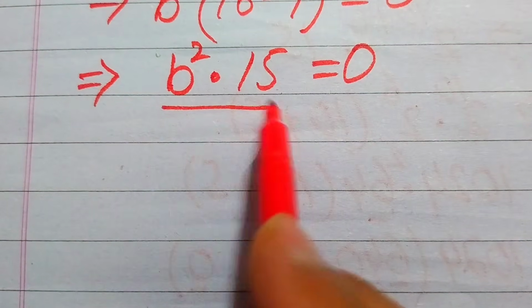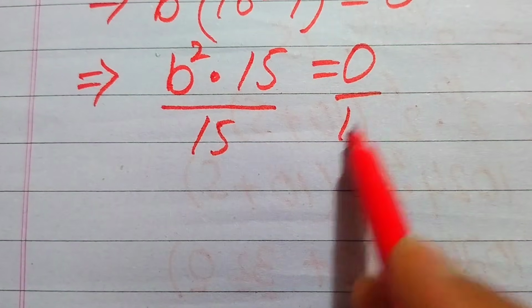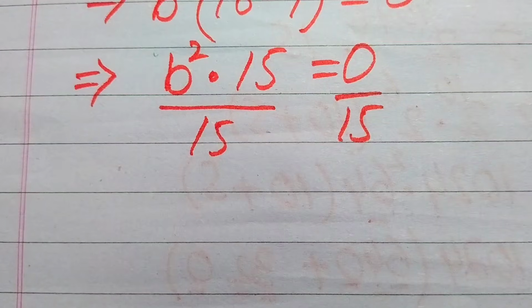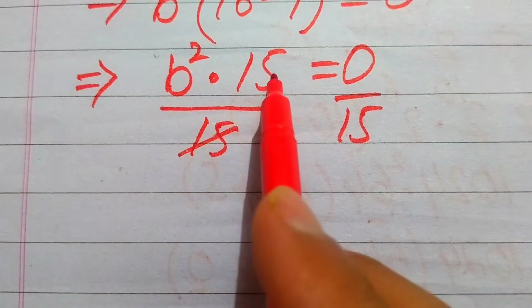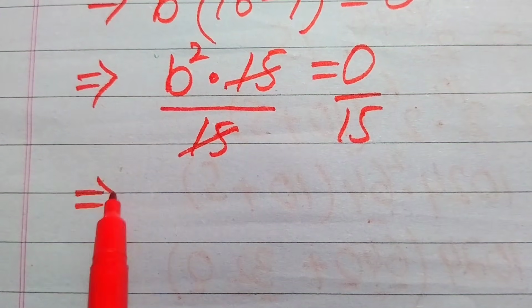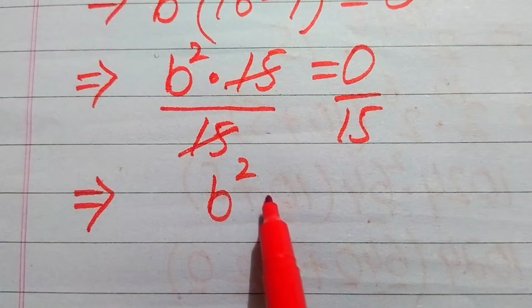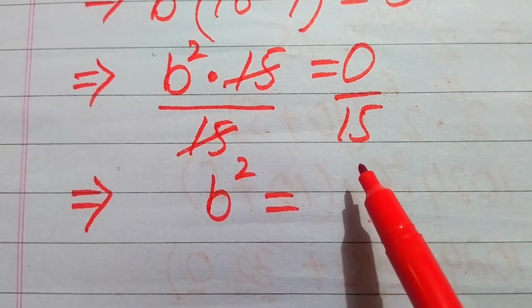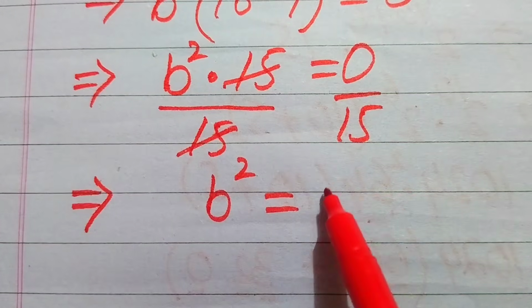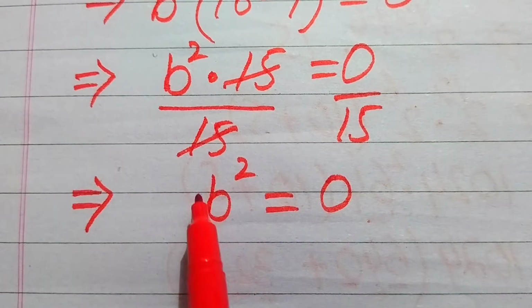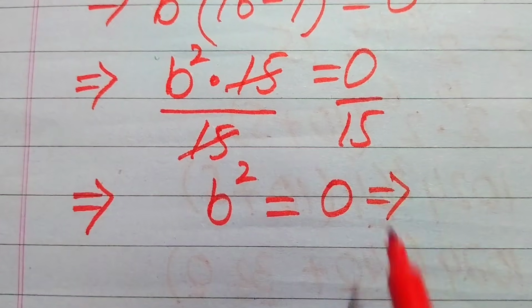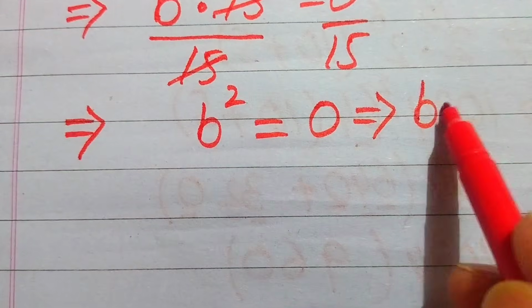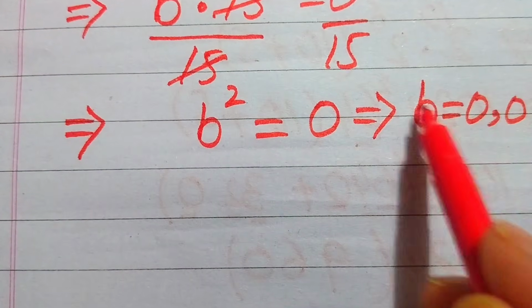Here we divide both sides by 15 in order to get the value of b squared. This 15 and this 15 cancel out, and we get b squared is equal to 0 divided by 15, and we know that when we divide 0 by 15, this becomes 0. So b squared equals 0 implies that b is equal to 0 and 0.